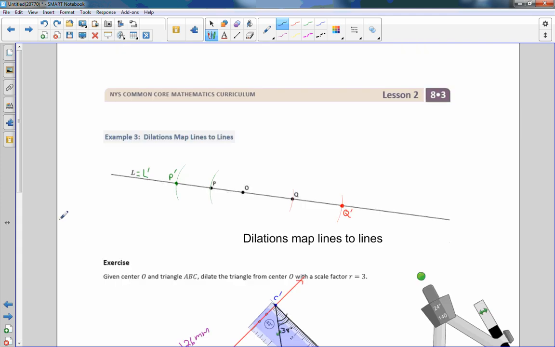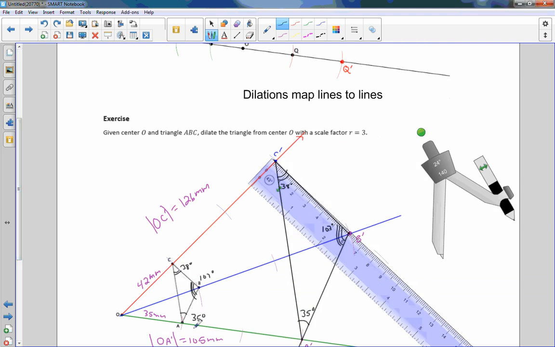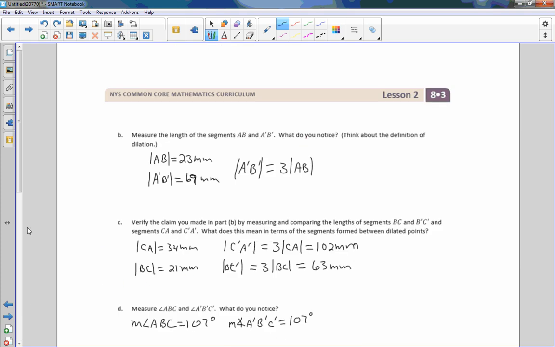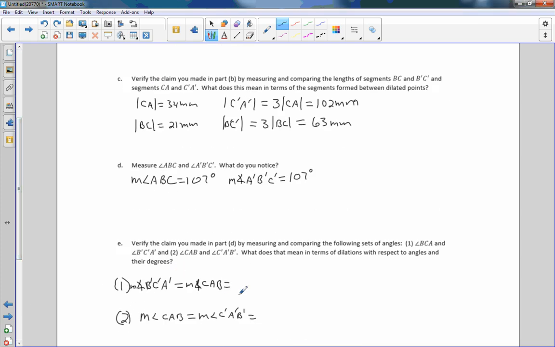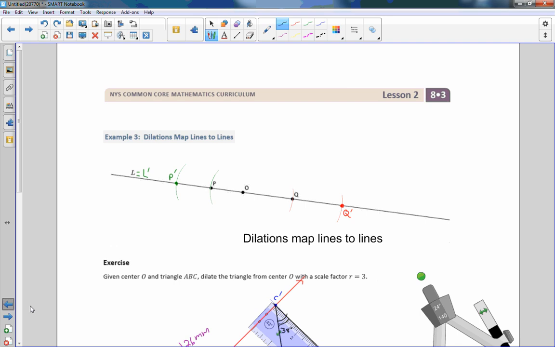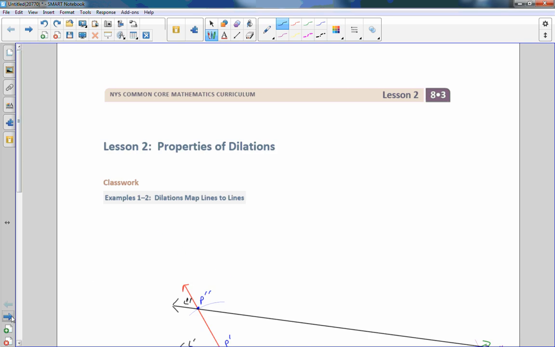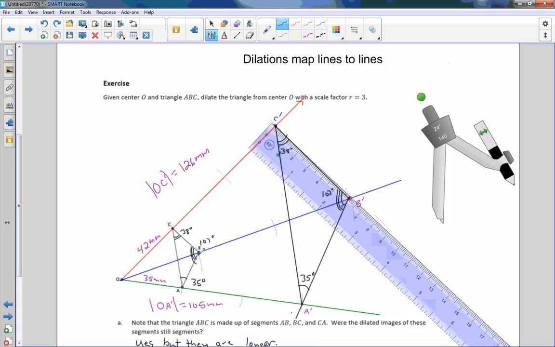So angle BCA is 38, and the other's 35. Okay, this should be BCA. And BCA is angle C. BCA is 38 degrees.